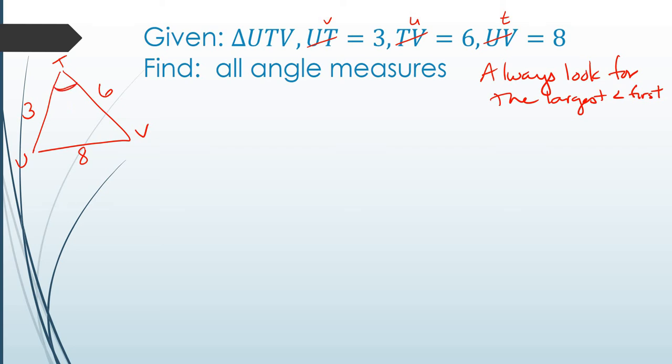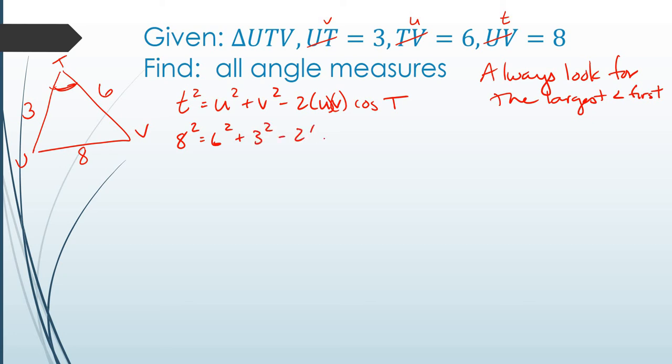So my biggest angle should be angle T. And if I want to find angle T, I'm going to use the formula starting with t squared where my cosine is of angle T. So let's plug in what we know. 8 squared equals 6 squared plus 3 squared minus 2 times 6 times 3 times the cosine of T. Now, let me give you a big word of warning.